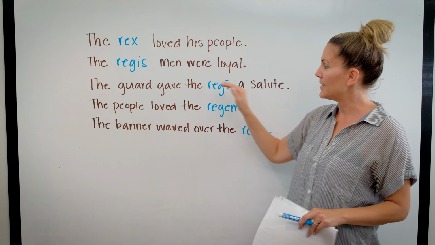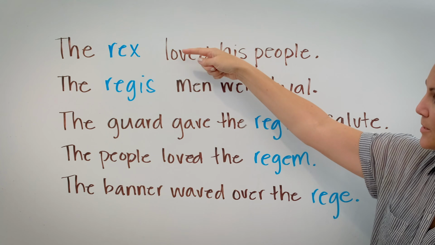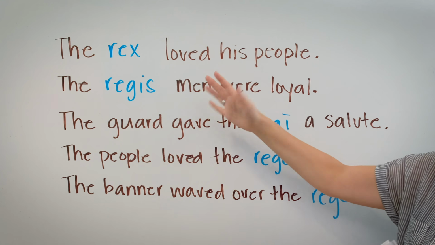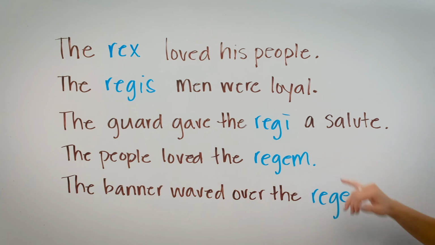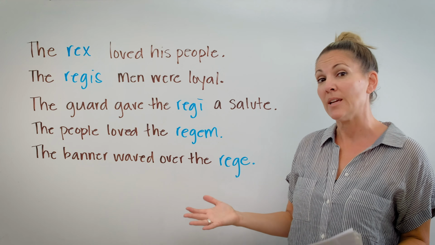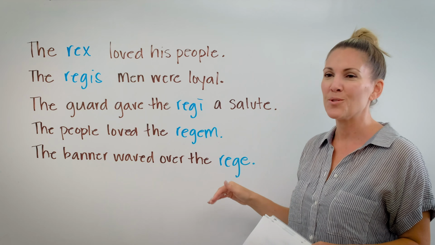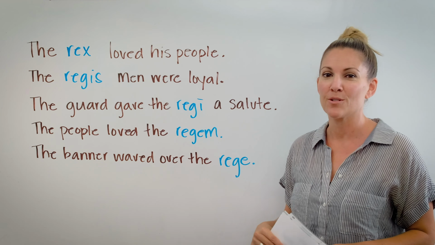The spelling is different based on the role that it's playing in the sentence. Here it's the subject, here it's what in English we would call a possessive noun adjective. We'll get into that later. Here it's the indirect object, here it's the direct object, and here it's the object of the preposition. Hopefully that demonstrates what I mean when I say Latin is an inflected language, and you'll learn how to adjust the spelling based on the role that the word is playing in the sentence in future lessons.